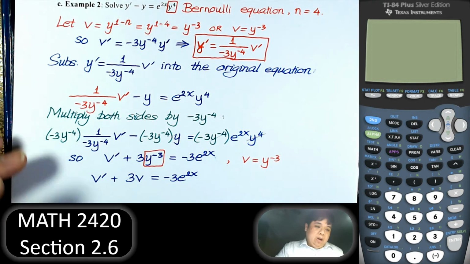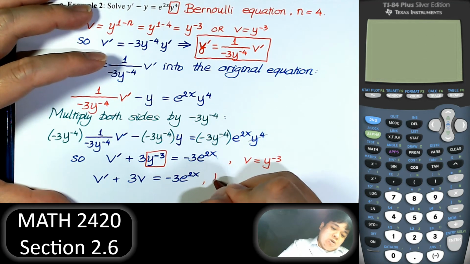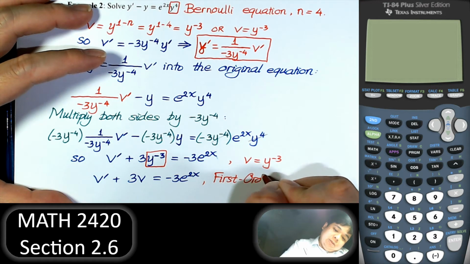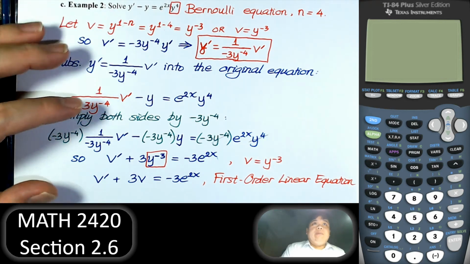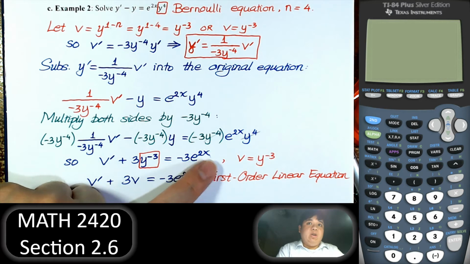When we make the substitution for the Bernoulli equation, we have the linear first order equation. If we do it correctly, the middle term here will turn into v, and there's no more y on the right hand side.